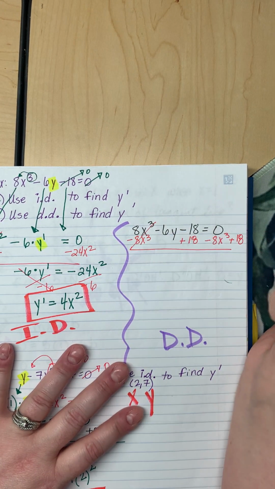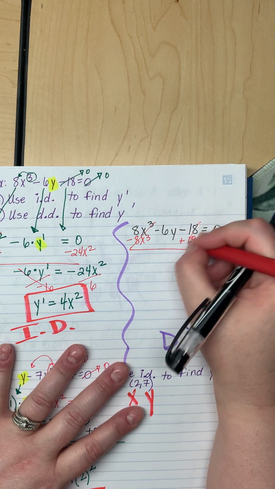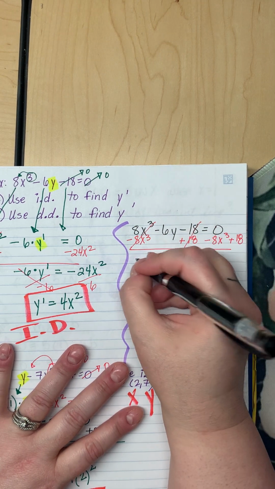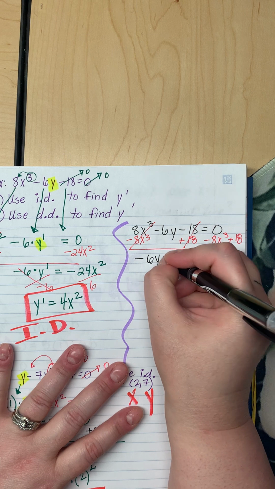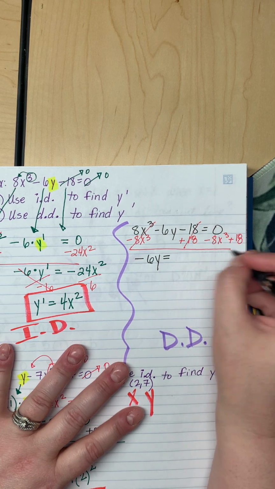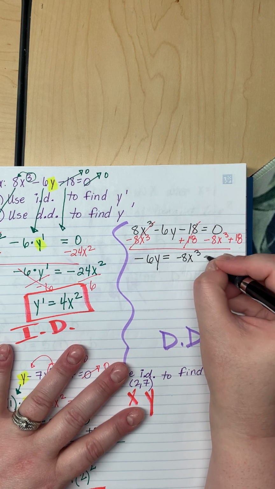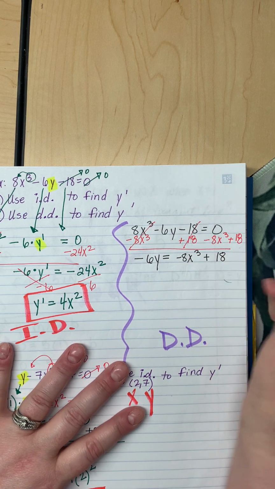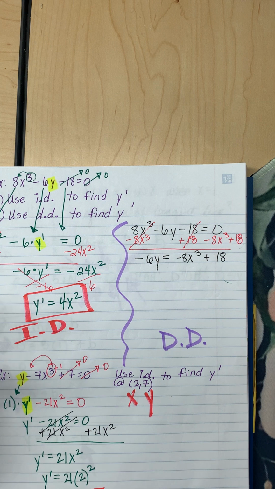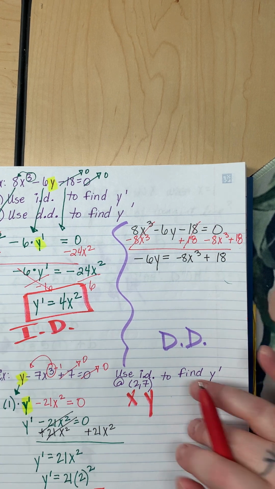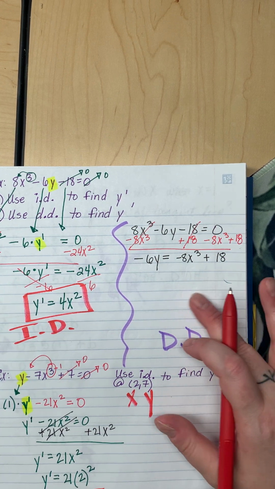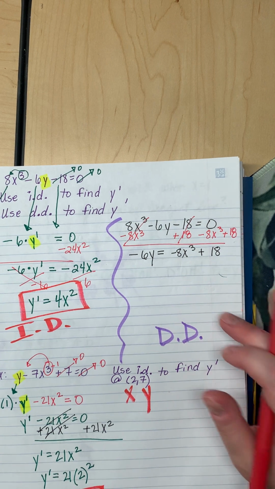So goodbye the x to the 3, goodbye the 18. All we have now is negative 6y equals this red stuff: negative 8x to the 3 plus 18. Okay, and we have not taken the derivative yet. We're just trying to set it up for y equals so that we can do direct differentiation.